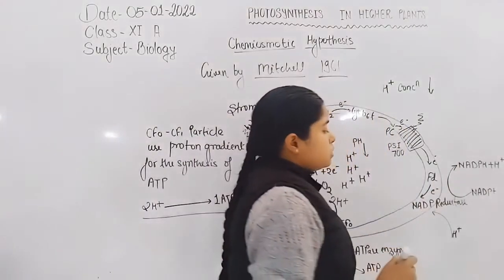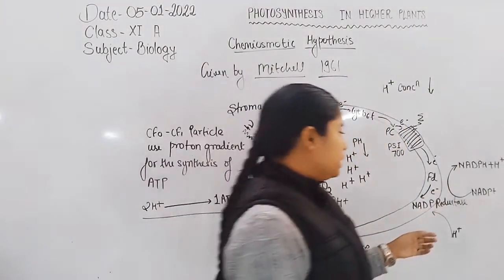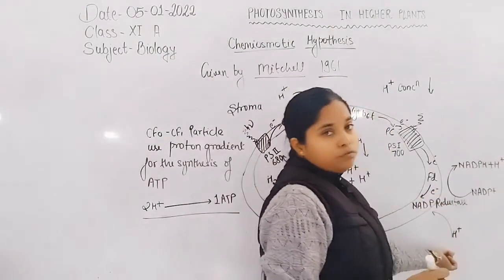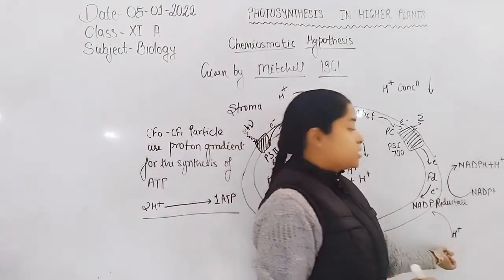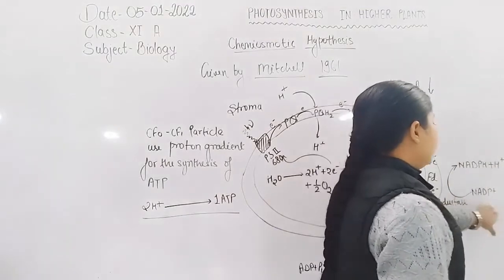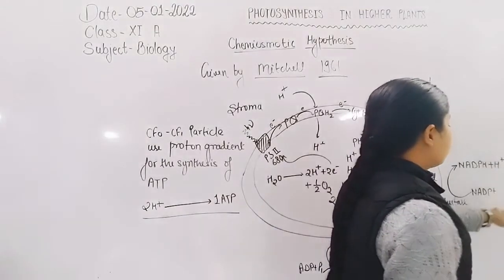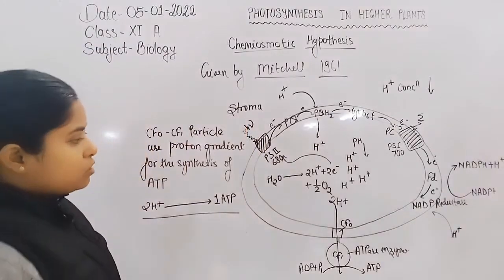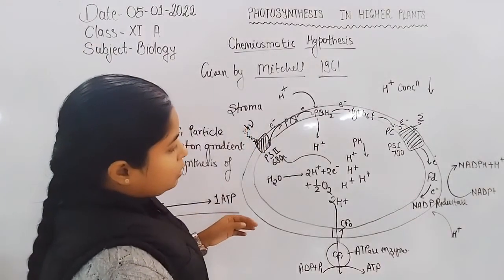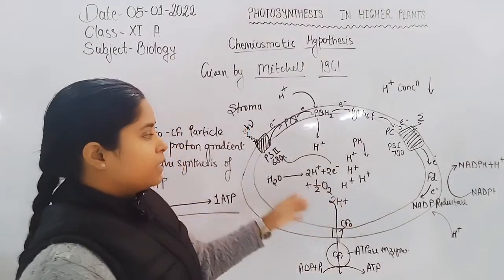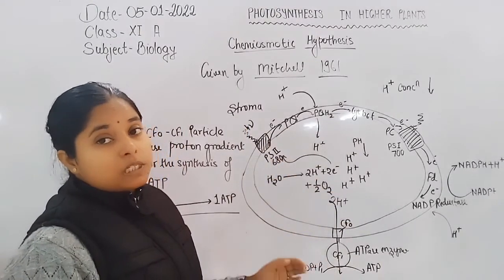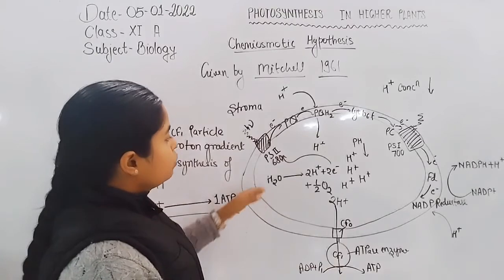Ferredoxin transmits the electron to the NADP reductase, and NADP reductase uses electron and proton from the stroma matrix and forms NADPH plus from NADP plus. So this is the overall mechanism of synthesis of NADPH from the electron transport system, or the photosystem first and second, which are present in the thylakoid membrane.